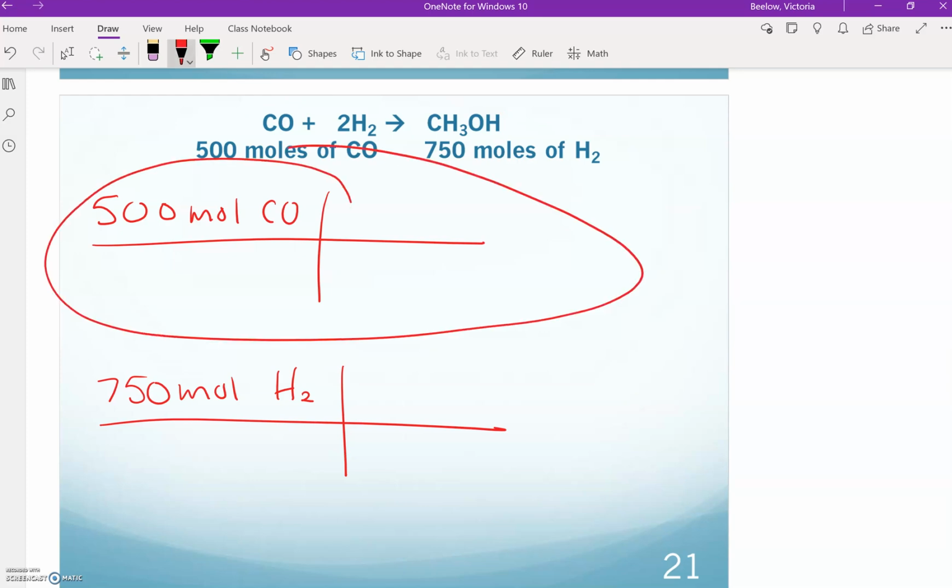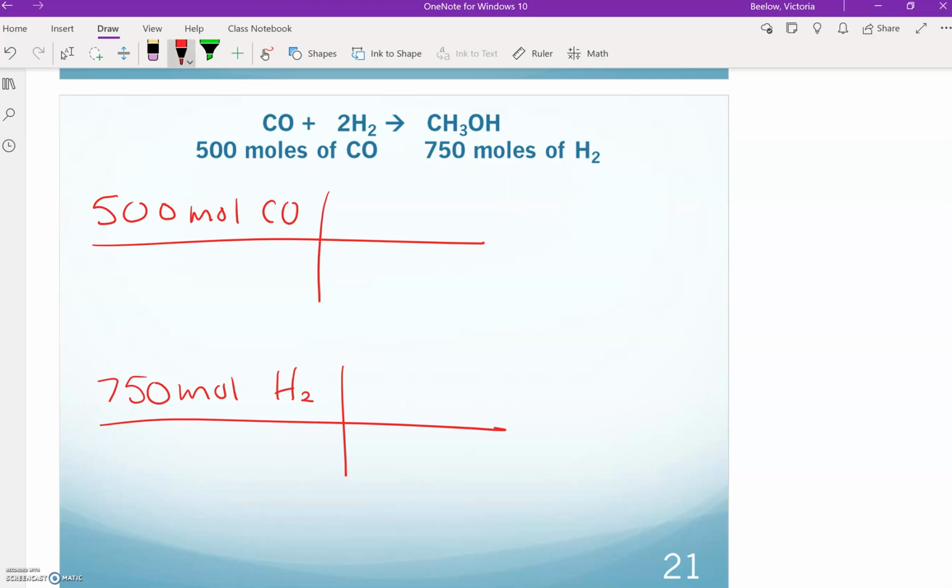So I'm going to do this picket fence first. I'm going to figure out if I have this many moles of CO, which is carbon monoxide, how much product would that produce, theoretically speaking? So again, this is a picket fence. If I have moles of CO here, I know I have to put moles of CO here. How many moles? Well, I'm going to get that number from the balanced chemical equation.